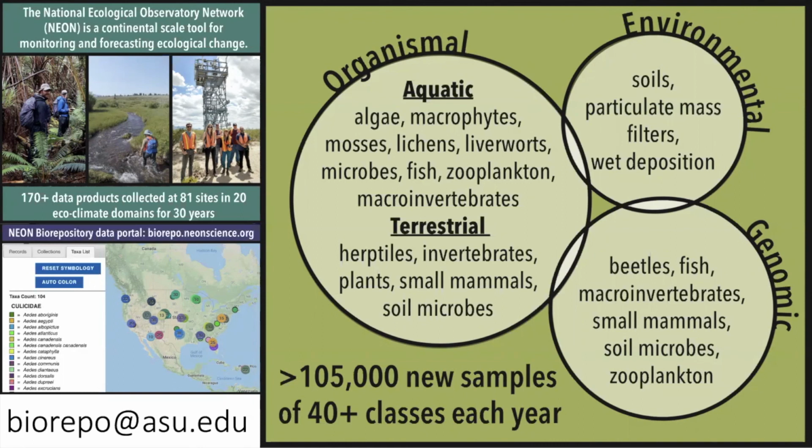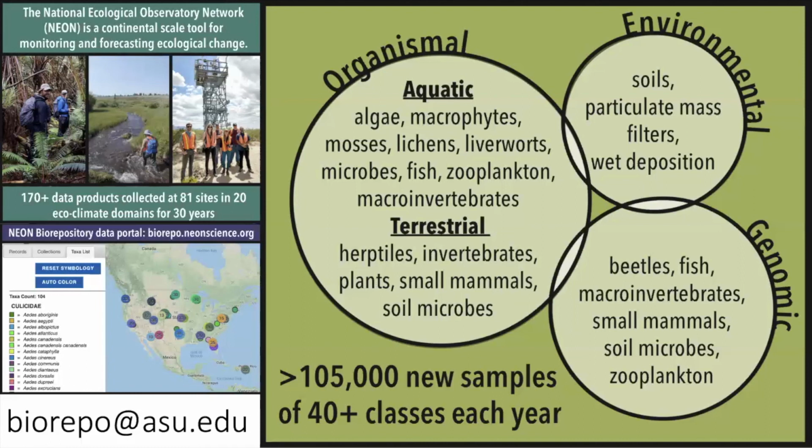At ASU, we have all of the physical samples. These are taxonomically diverse in their potential uses, from genomic samples to environmental samples. They're really meant to be useful for evolutionary biologists, ecosystem scientists, as well as ecologists.